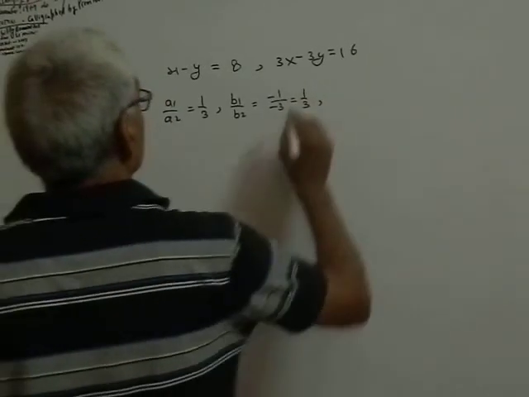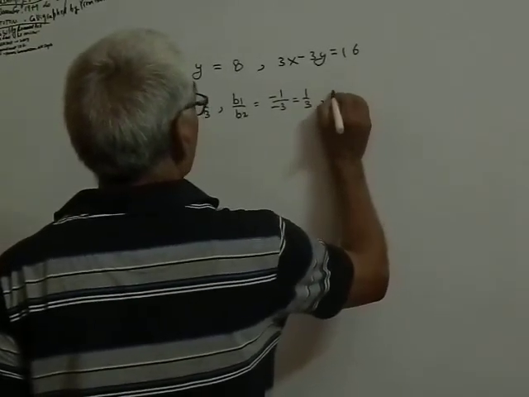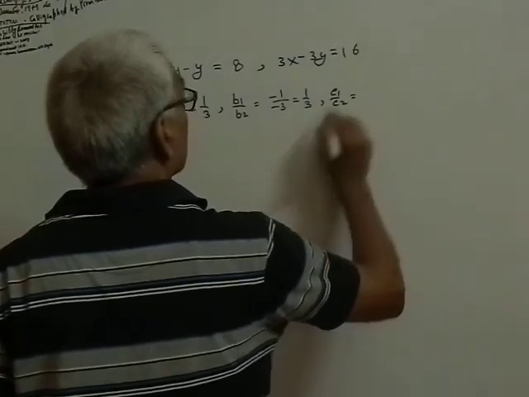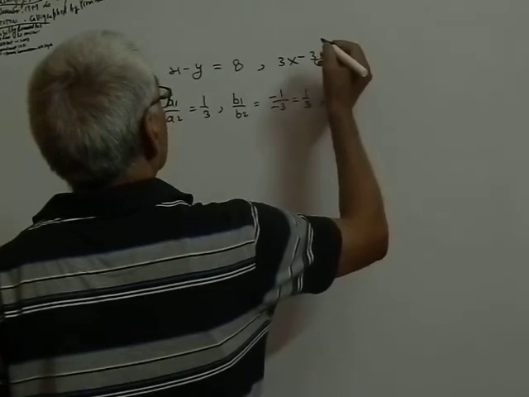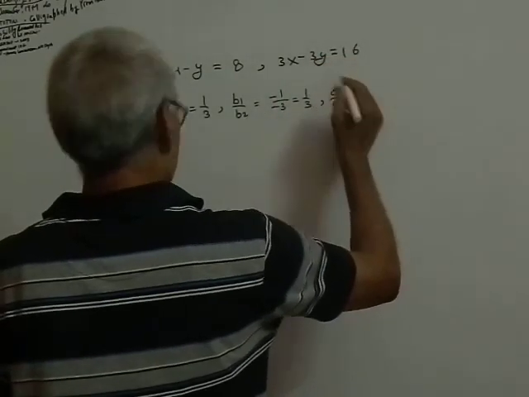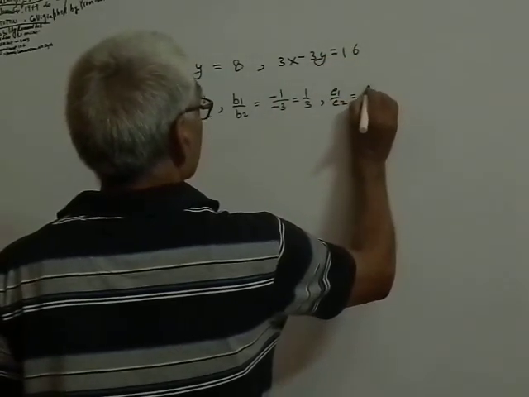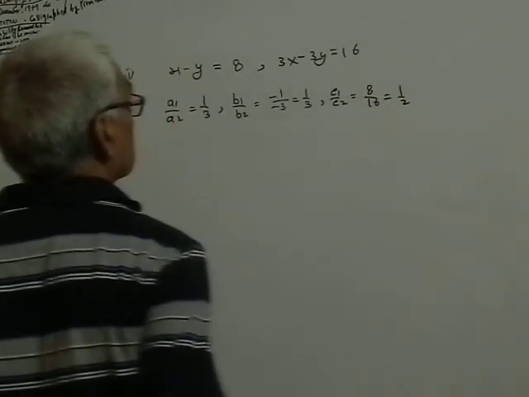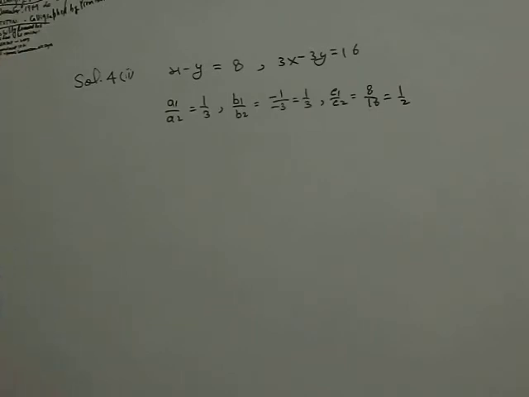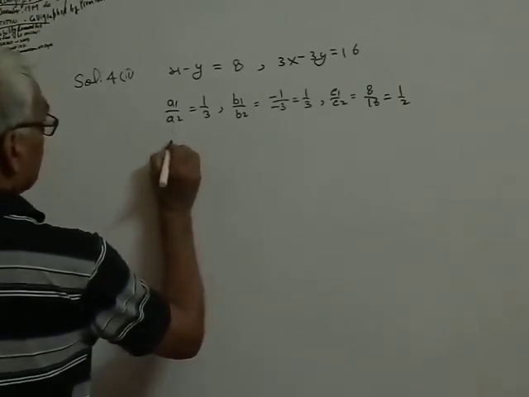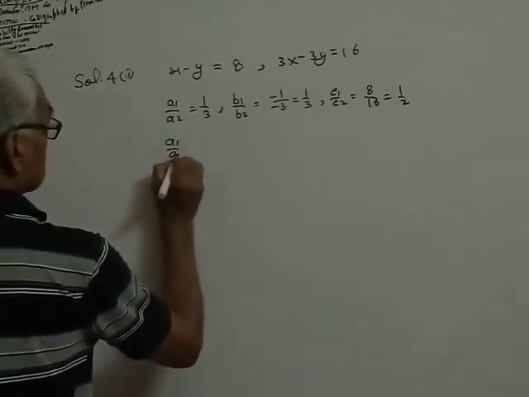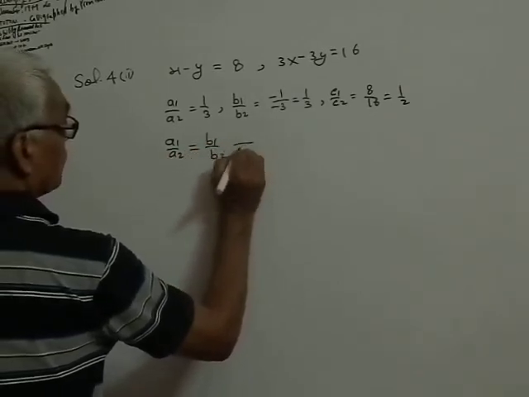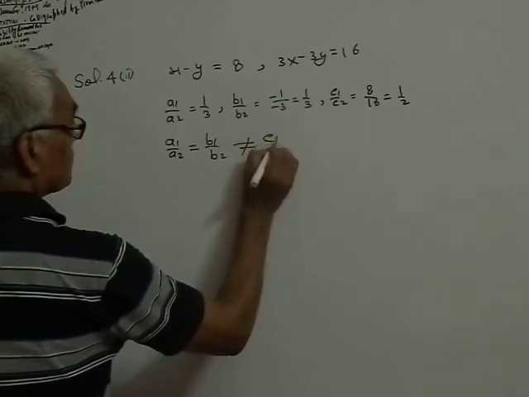Again c1 upon c2 is equal to 8 by 16, which means 1 upon 2. So a1 upon a2 is equal to b1 upon b2 is not equal to c1 upon c2.